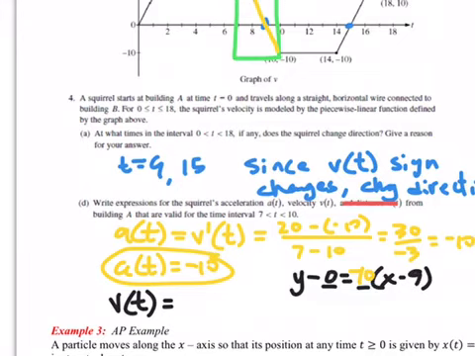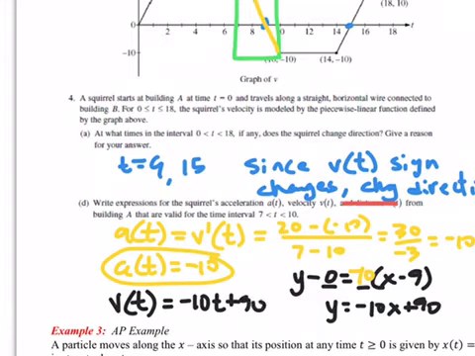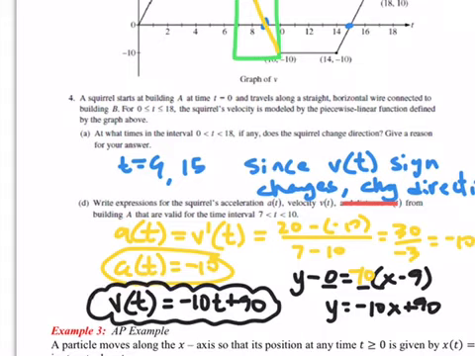And so if I distribute, looks like I'd get y equals negative 10x plus 90. That would be my velocity equation for that time interval. I know I'm using t as my independent variable, so I used x over there for a moment, but I'm going to swap back, and that would be my velocity expression for that time from 7 to 10.